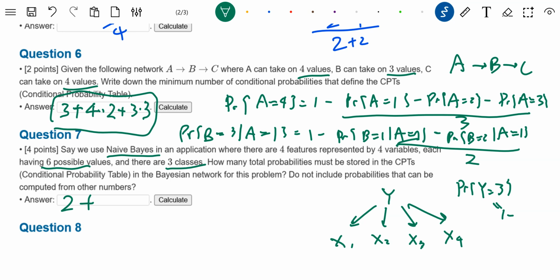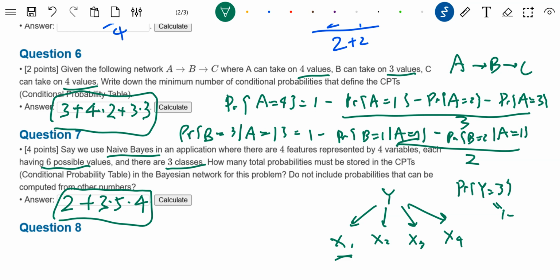So for x1, there are 3 classes, and for each class, you need to store 5 numbers, because the 6th number can be computed based on these 5. And that's only for x1. There are 4 of them, so multiply by another 4. That's the total number of values you need to store.